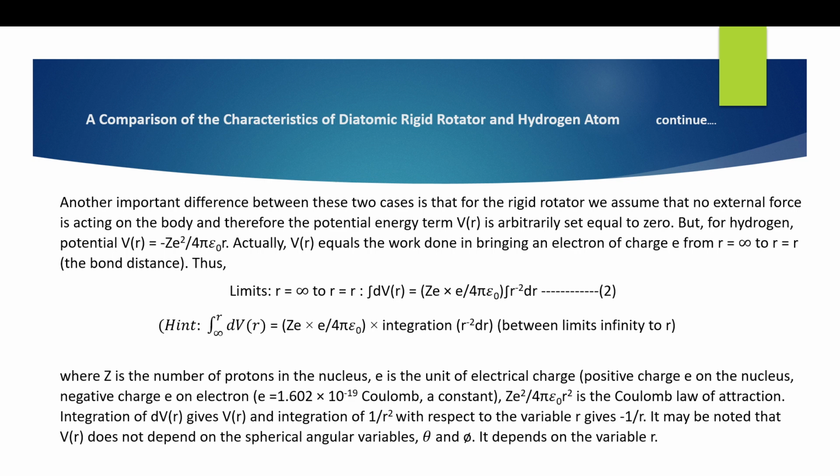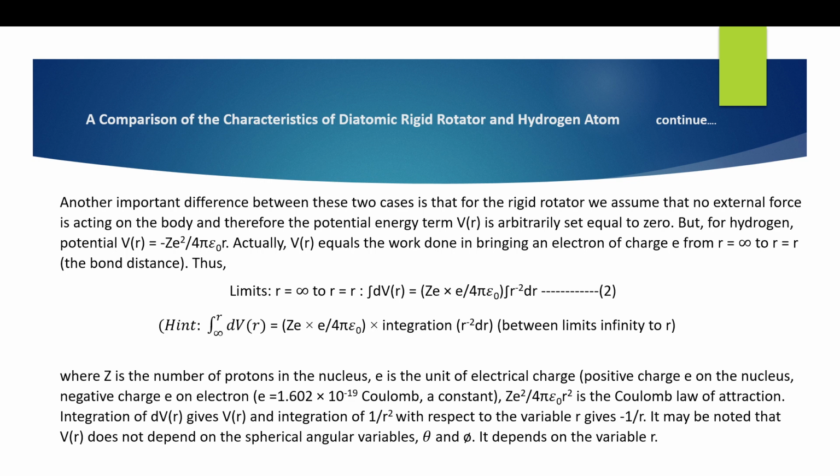Here Z is the number of protons in the nucleus, one in this case. e represents the unit of electrical charge. 4 pi epsilon 0 is the permittivity of the vacuum. r, as I told earlier, you can consider similar to a radius, although it is a position vector.